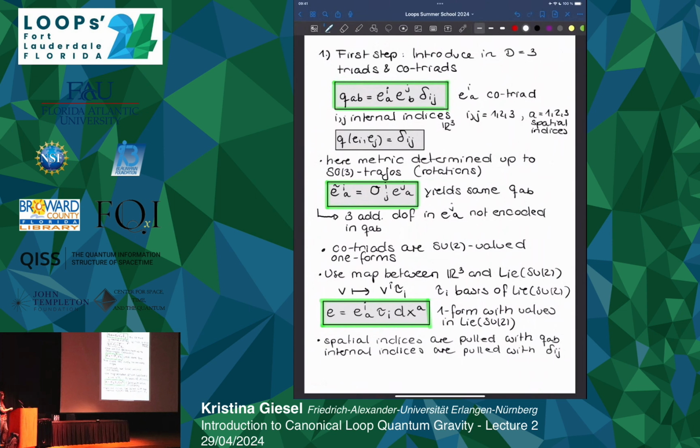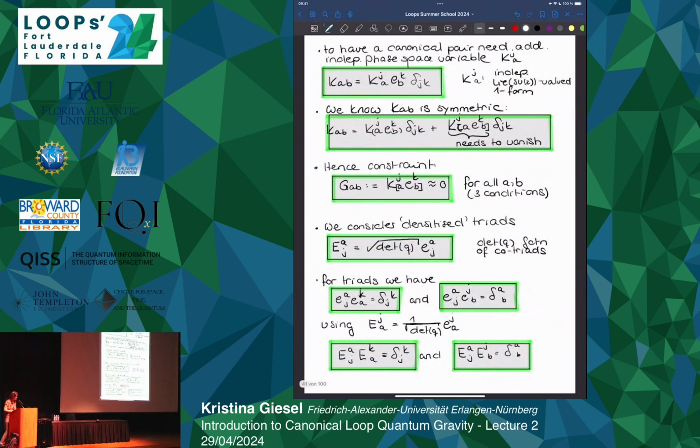Now, this object is a mixed tensor in the sense it has 1 internal index and 1 spatial one. The spatial one is pulled with the ADM metric, and internal ones are pulled with the Kronecker delta. Now, this is only 1 degree of freedom. Remember, in the ADM setup, the momenta were related to the extrinsic curvature.